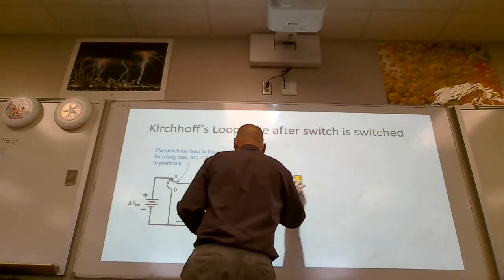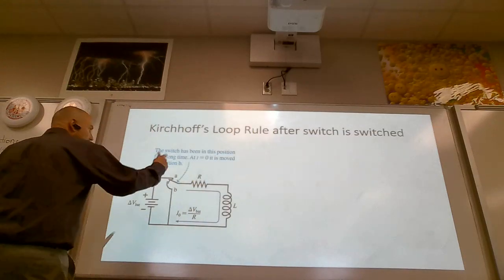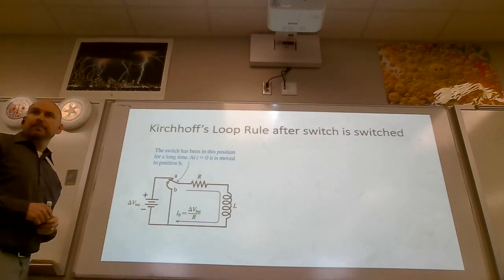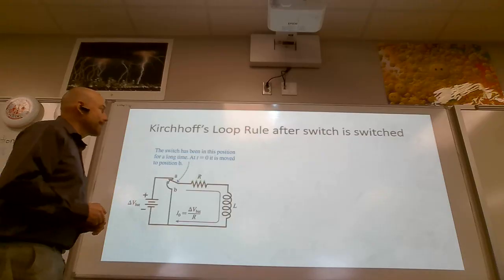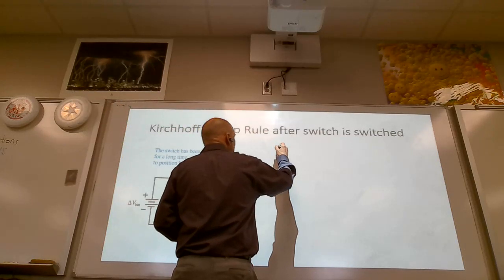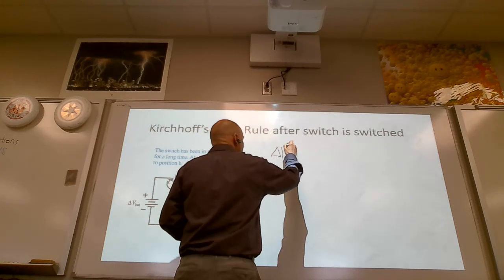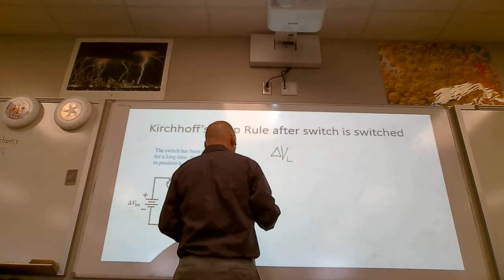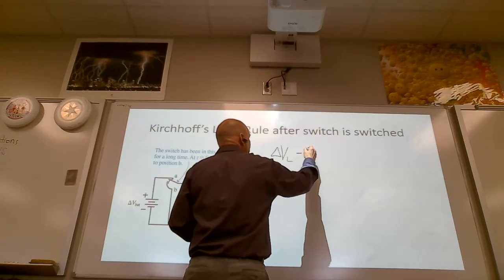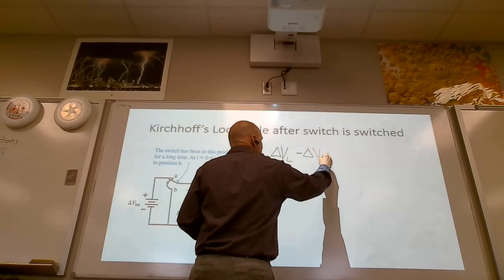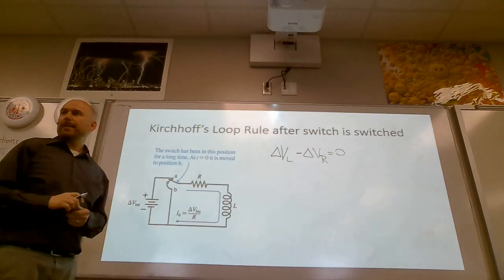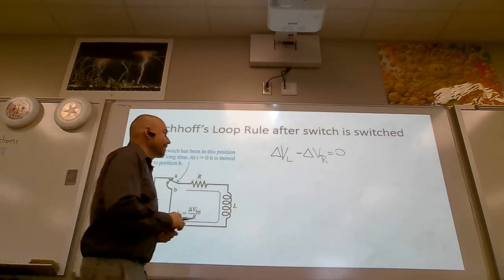So, Kirchhoff's loop rule after it's been switched from A to B. You have a voltage gain across the inductor, and there is a voltage drop across the resistor. Good with that? Okay.